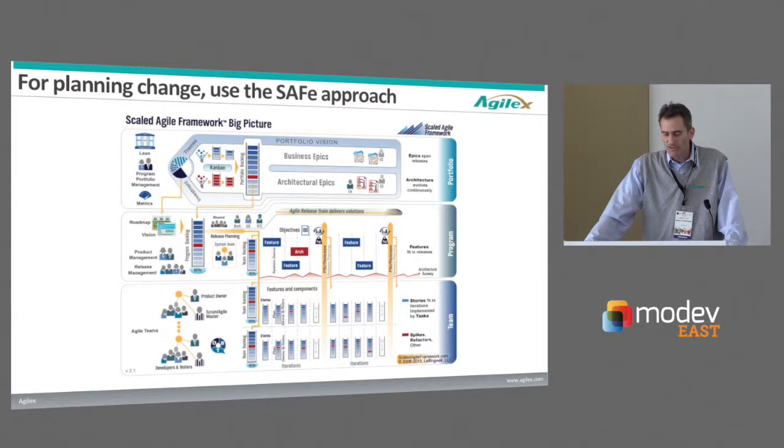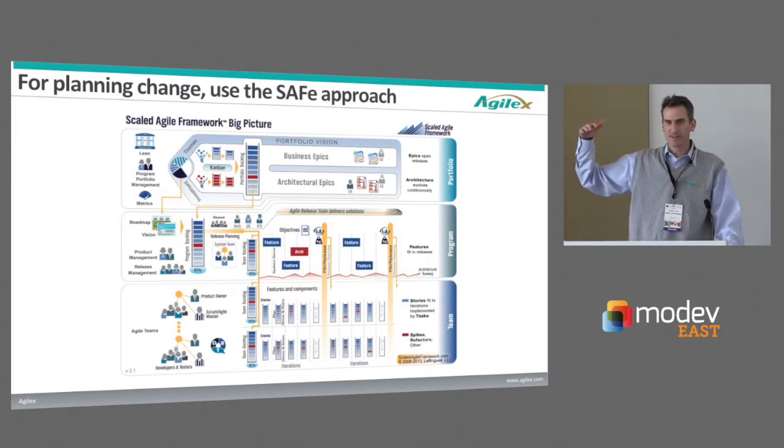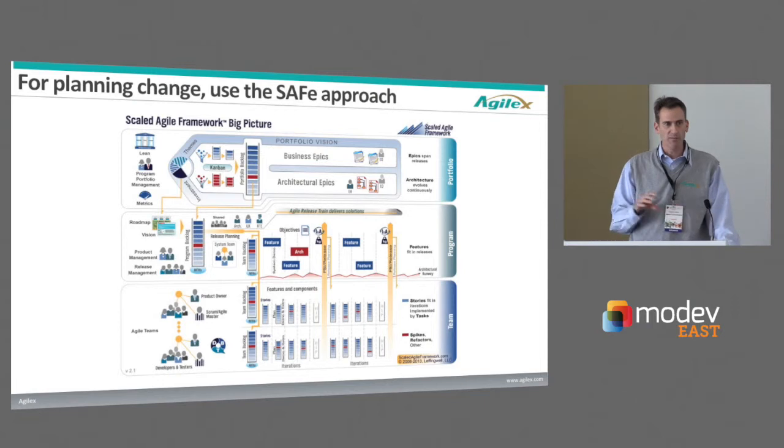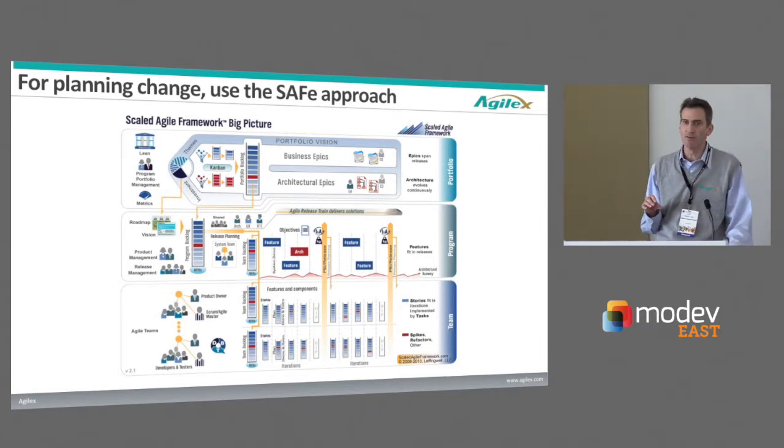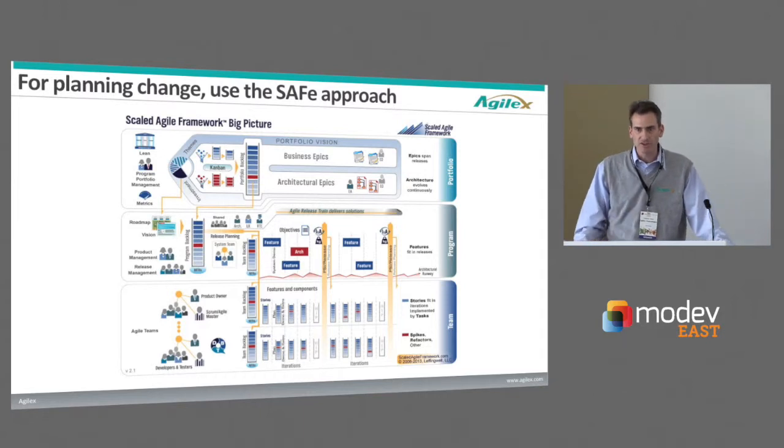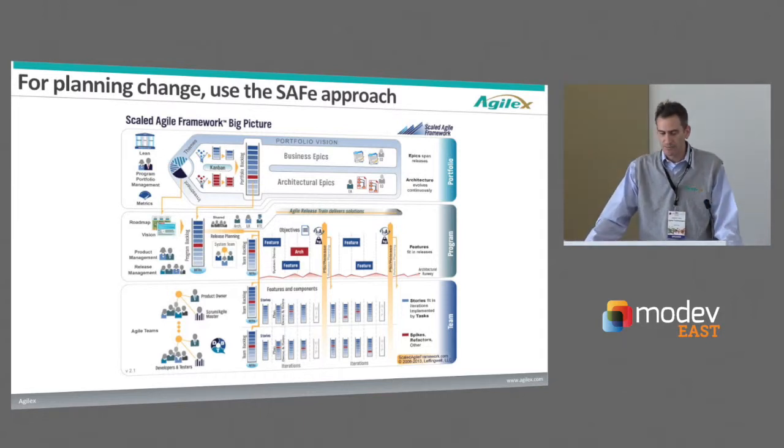What this is, it's taking the Agile approach and applying it up through the various levels of an organization, not only at a project level, but at a program and portfolio level. So you can actually use Agile techniques like Scrum and Kanban to plan a portfolio and to develop a program.